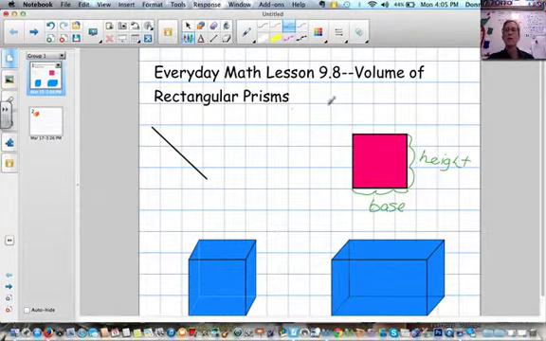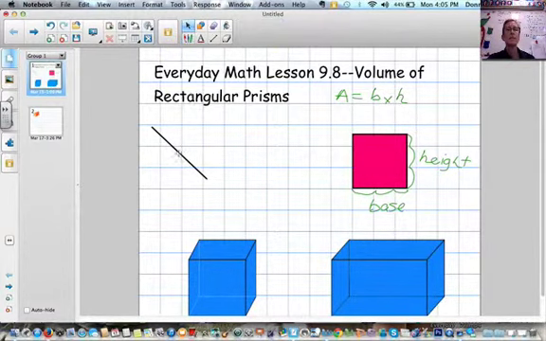Okay, so we could say that the formula for the area of any rectangle is going to be base times height. And then we talked about in class today, if I take that square and I just chop it directly in half, I get two triangles.